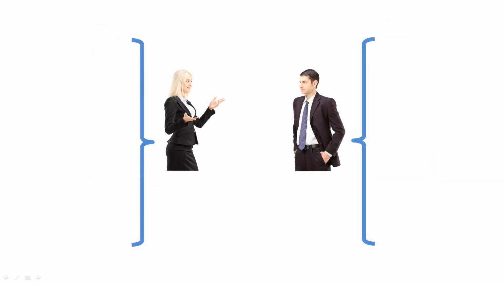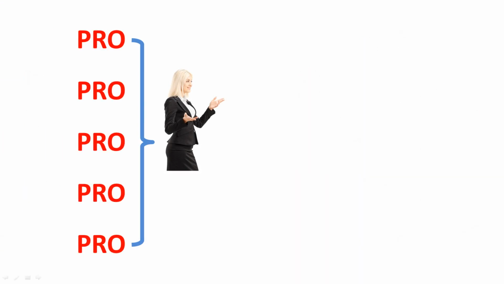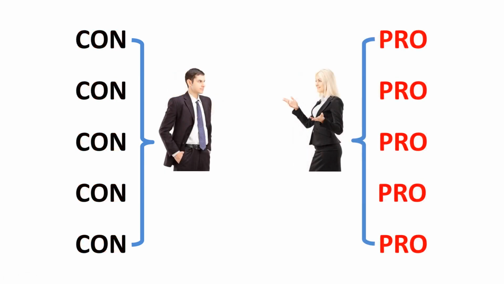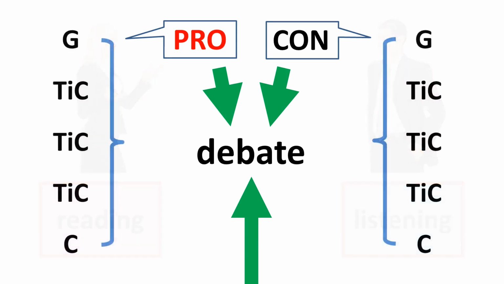That structure can be mapped out using G, 3-tick, C. Depending on the task, the reading might be pro and the listening con, or vice versa. As you can see, the reading and listening tasks integrate to form a pro-con debate based on the G, 3-tick, C structure. Knowing this, you are now ready to map out this task step by step.